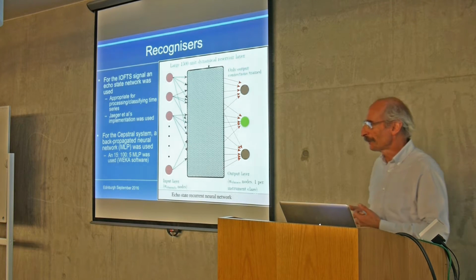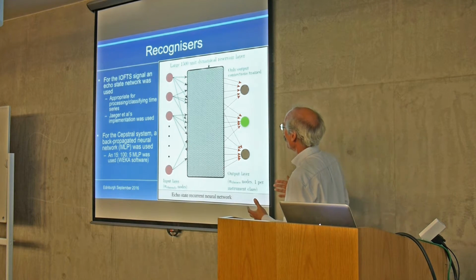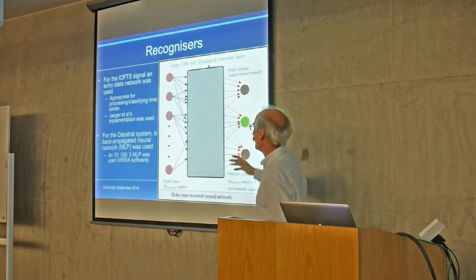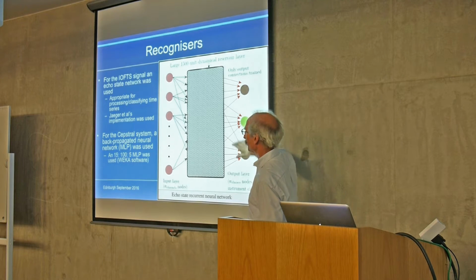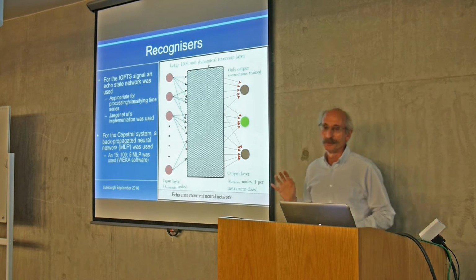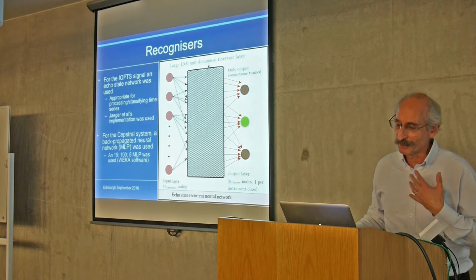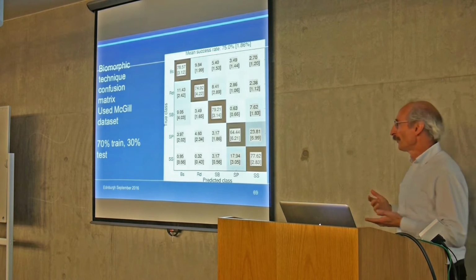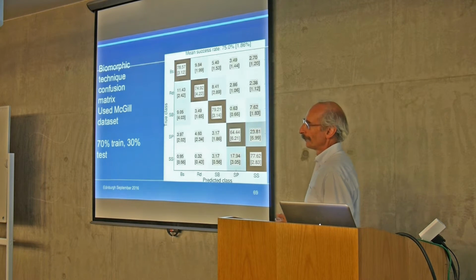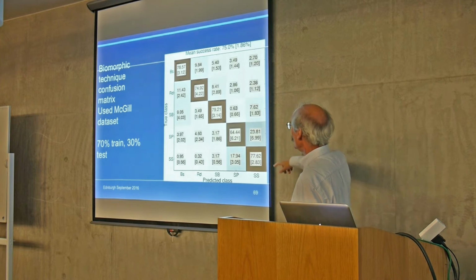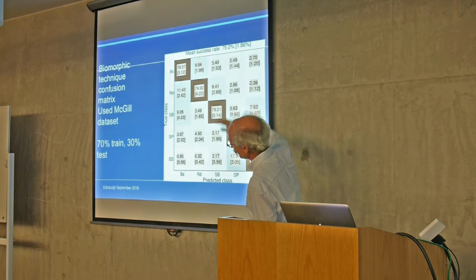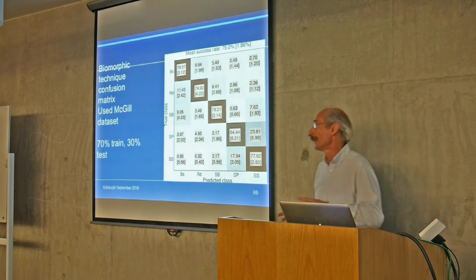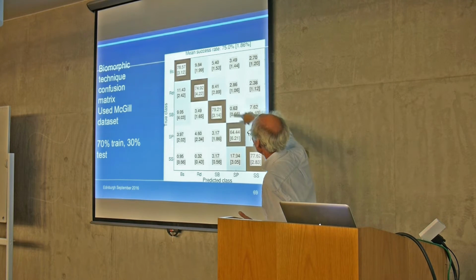It's a reasonably simple kind of neural network, and what's nice about it is that what's inside the dynamical part of it doesn't adapt. All that adapts is the outputs from it, which adapt using a simple delta rule. So that's quite nice, quite easy to work with. And then for the biomorphic technique, we have a confusion matrix, and you can see that we use the McGill dataset, which is a dataset of musical instrument sounds from McGill University in Canada, and you can see that it's reasonably good.